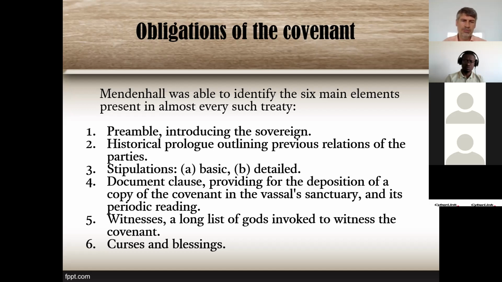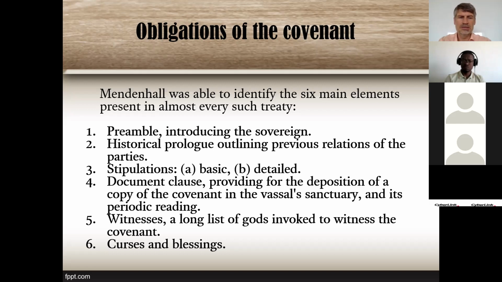So the copy of the covenant should be kept usually in the sanctuary, and it should be periodically read by the people, so that the people remember that they have a suzerain and they should be loyal to their suzerain. And also there was a list of witnesses.